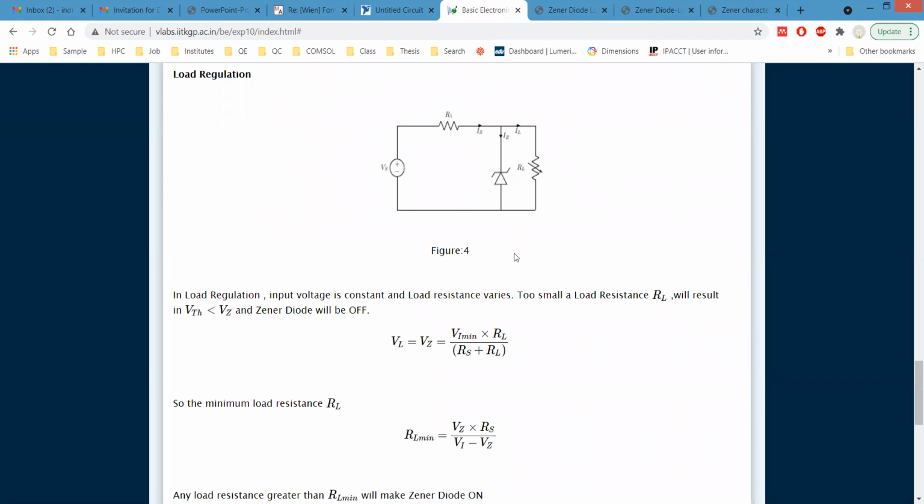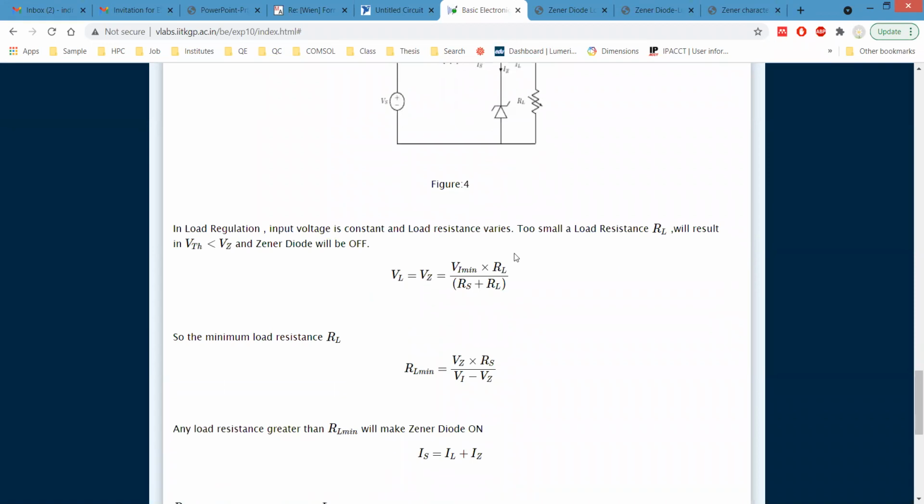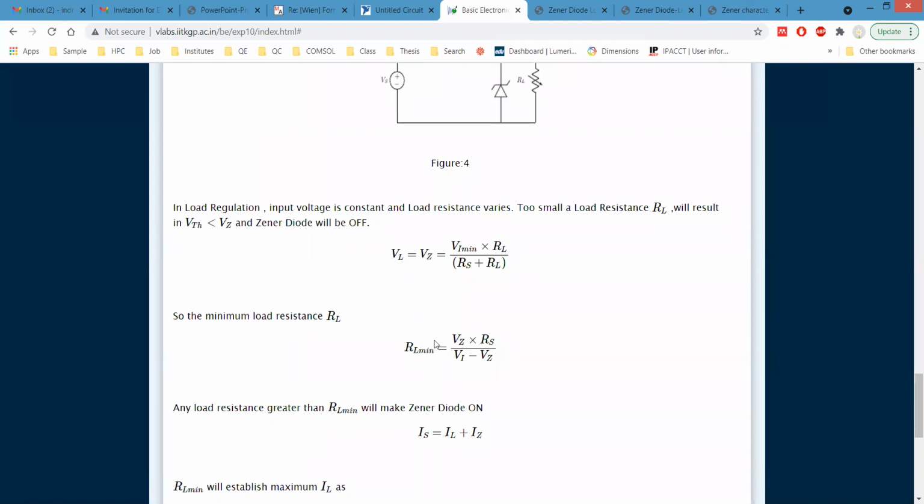But as this is a regulated source, a Zener diode, it will maintain a particular current across it and also voltage within some particular limits. So VZ in our case was 5.